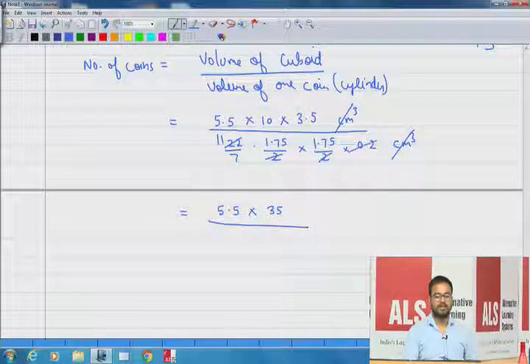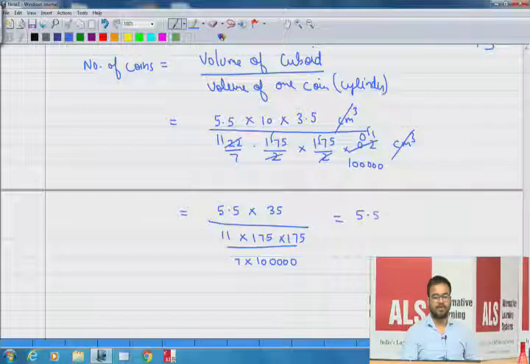This 2 will cancel out this 0.1 times. If you remove all the decimals, this will be 100, 100 and 10. So it will be 1 and 5 zeros will be there. So 11 into 175 into 175 upon 7 into 1, like this.